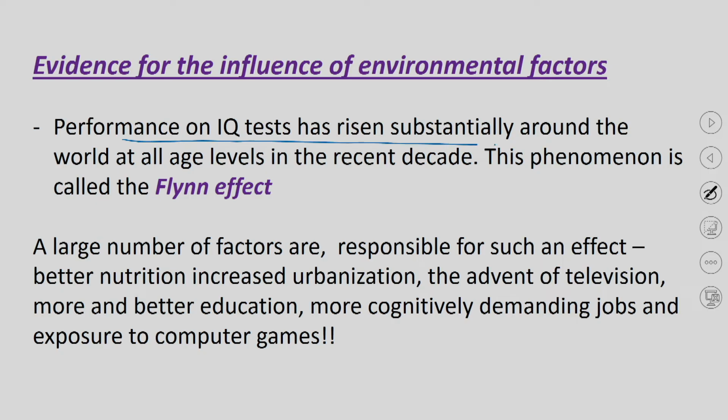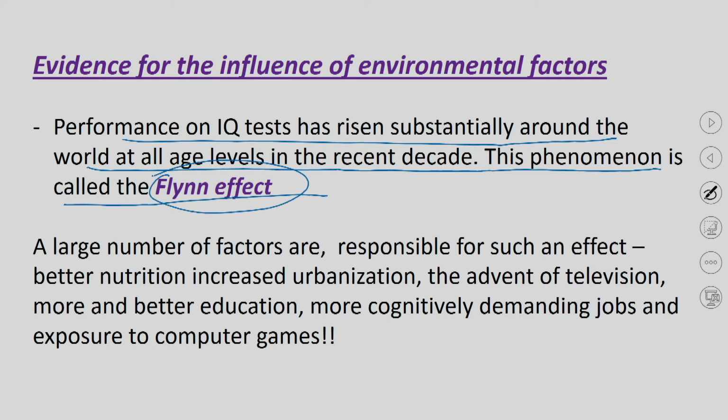Performance on IQ tests has risen substantially around the world at all age levels in recent decades, and this phenomenon is called the Flynn effect. What the Flynn effect says is that as generations develop, newer generations get more and more intelligent, because they have a better environment and better learning. Look at your children or your smaller brothers and sisters: they are more intelligent than you are.